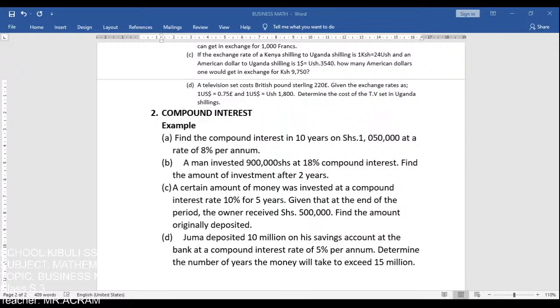But if you want to use this, amount is equal to principal into what? 1... This is the formula, okay? Where P stands for principal, the money that you borrow, okay?